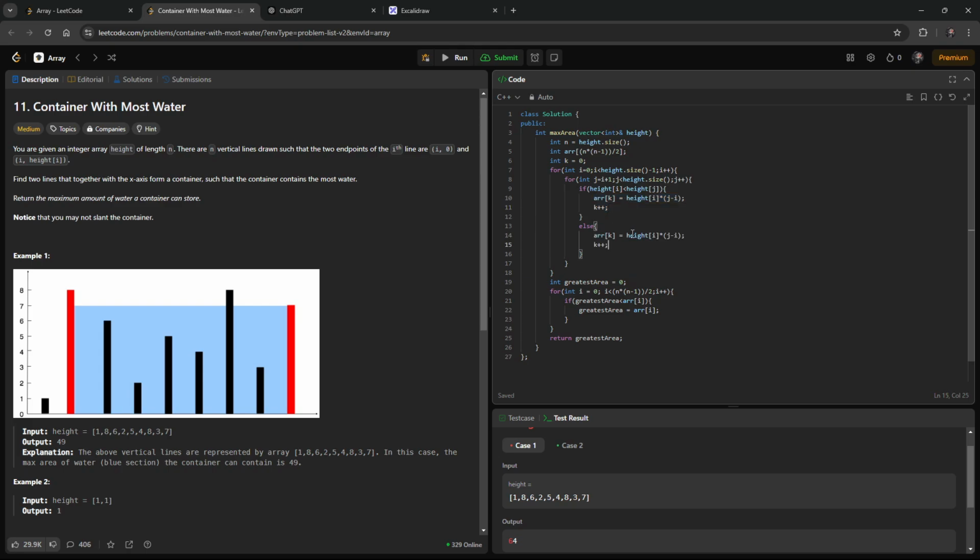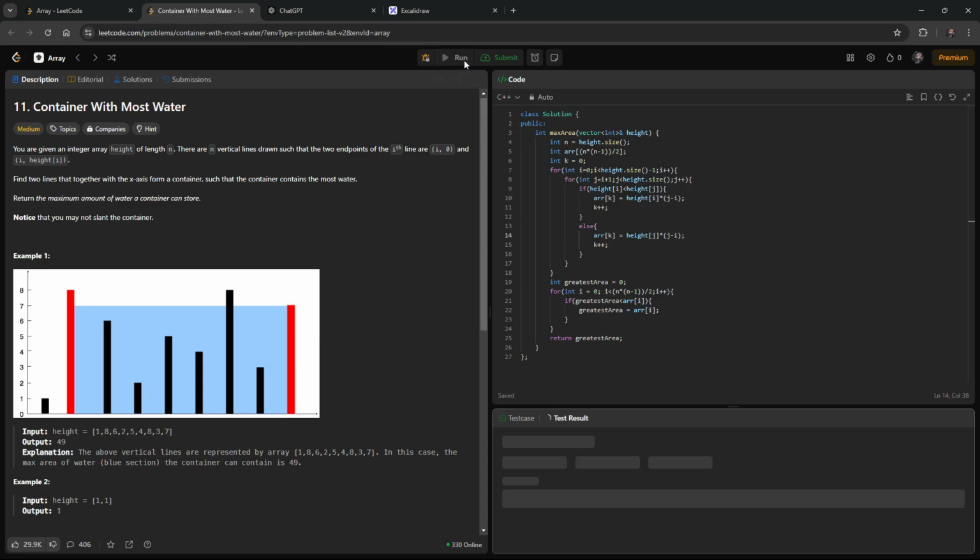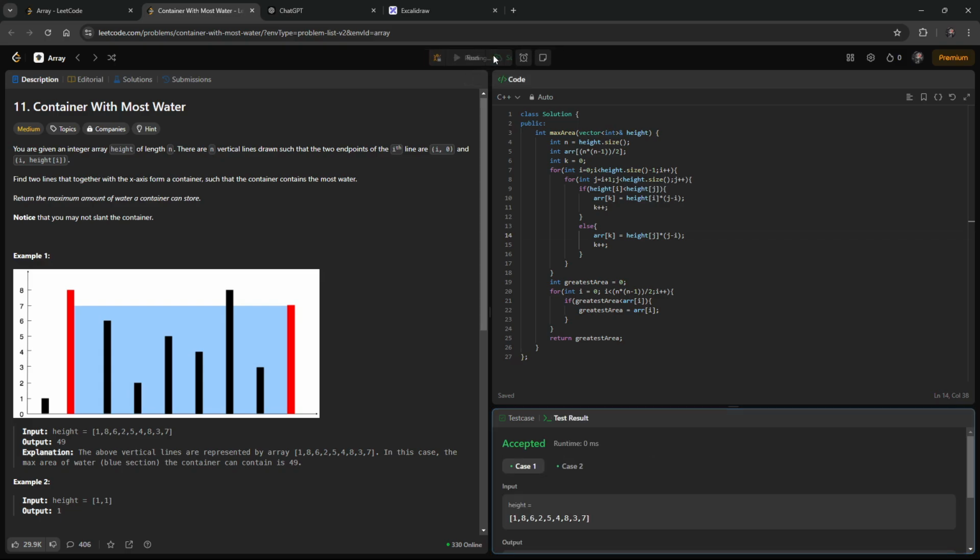If both are equal, then although we multiply height j with the index, or we multiply height I with the index, the answer would be the same. Let's run this again and check our answer. Okay, we got it correct.